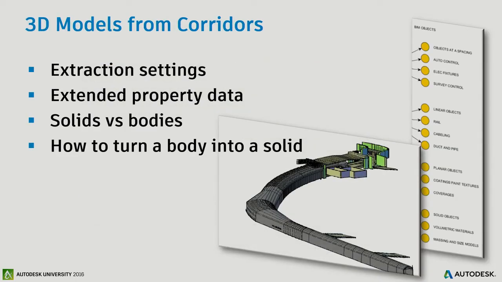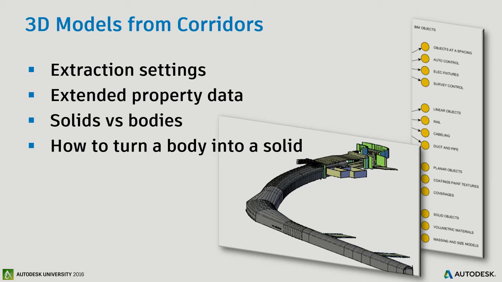So the extraction, like I said, with the 3D models, is you have to understand the settings primarily so I can put extended property data. I want to know that that's concrete on the outside of that tube and that that surface was a ballast surface.